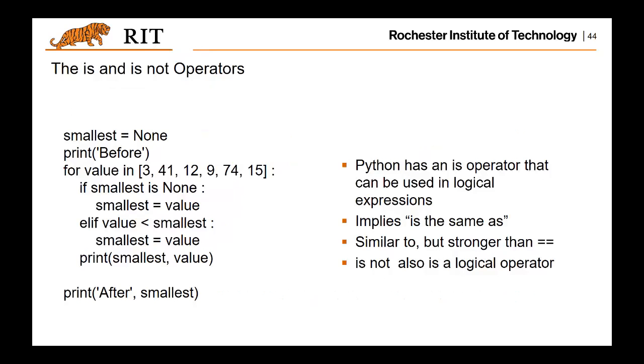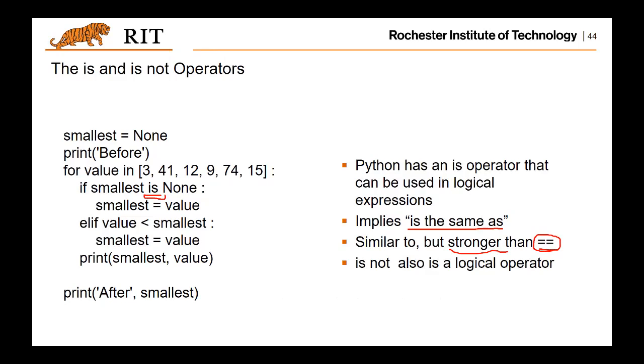So here there's a special operator called is. This operator implies is the same as. It's very similar to the equality operator, which checks whether two values are the same or not. But it is stronger, in the sense that it checks whether they are the same thing.